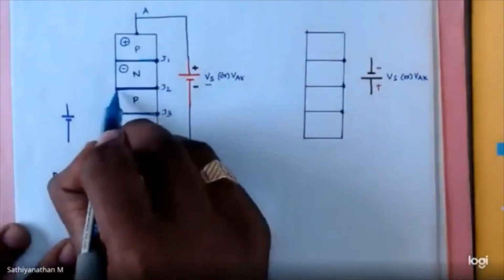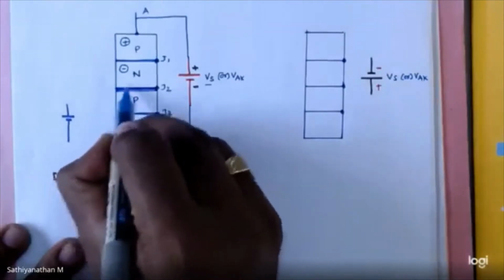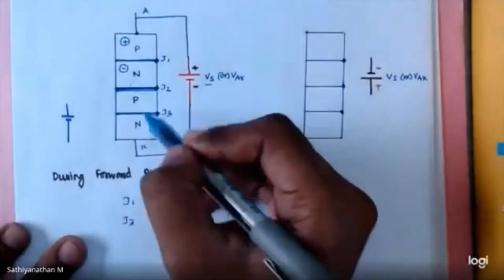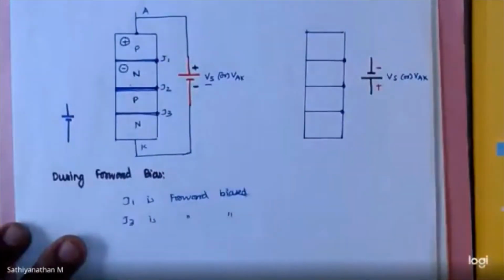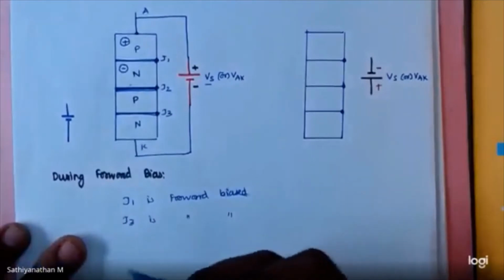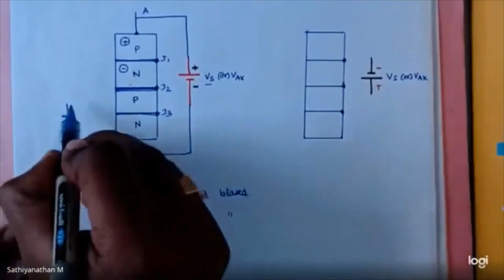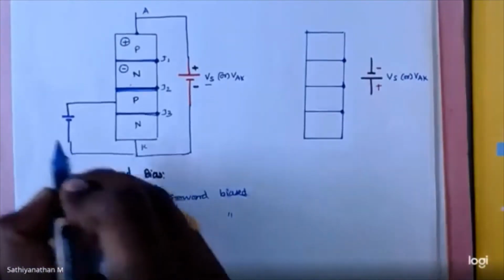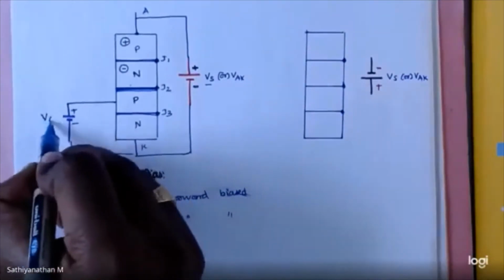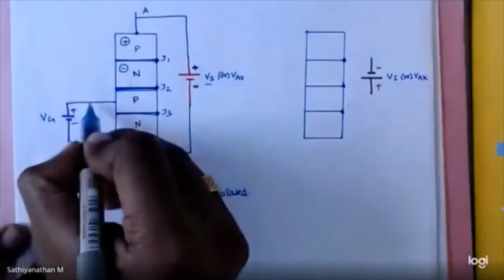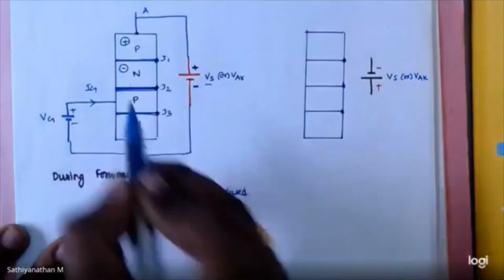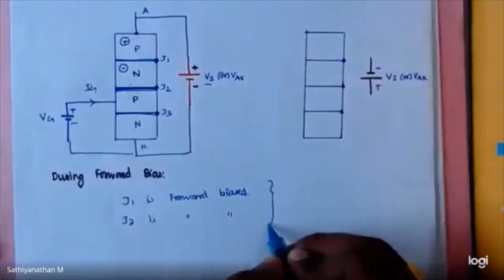So without eliminating this depletion layer, we cannot make the SCR conduct. So in order to make the device go into the active state, we connect one more external source called the gate. Gate voltage is connected. It drives a gate current in between these two layers. If you look at this layer, J2 is in reverse bias condition.